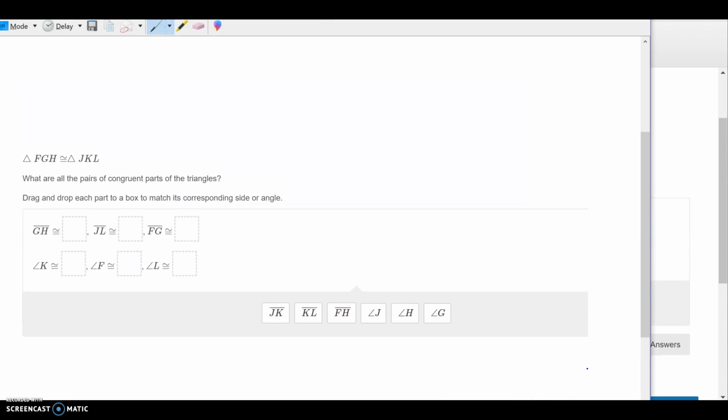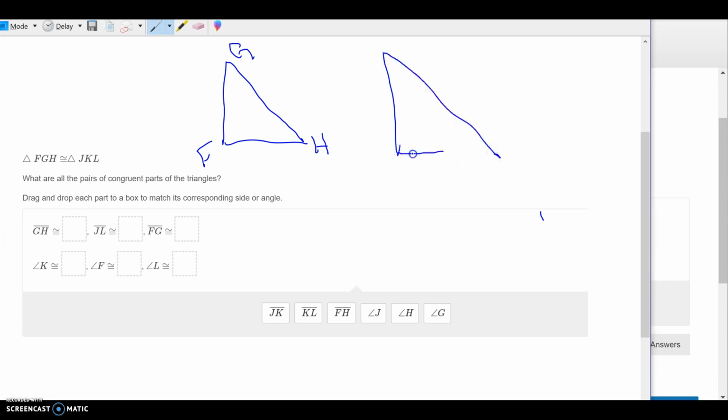Alright, so let's draw some triangles. So we have triangle FGH is congruent to triangle JKL. I know my triangles are terrible. So F corresponds with J, K corresponds with G, L corresponds with H. Okay?